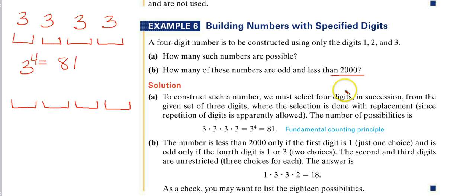Now, in order for it to be less than 2,000, your first digit has to be a 1. So there's only one possibility for this first digit. Now, for the second of the digits, there are 3 possibilities that you could put in there. And the same for this digit.